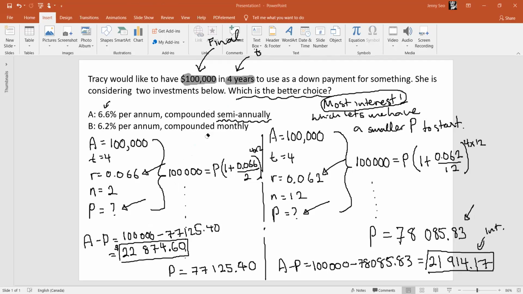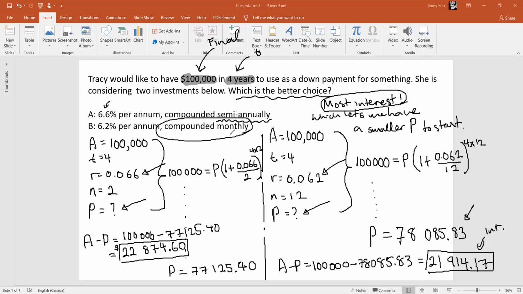Largely, it's because we only invest for 4 years. Remember, if you are calculating monthly, it means it produced that interest a lot sooner, and so it will snowball faster. But the snowballing requires time.